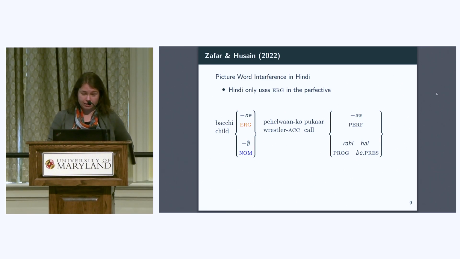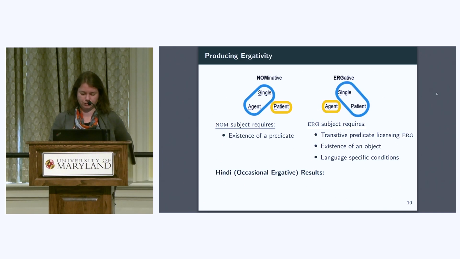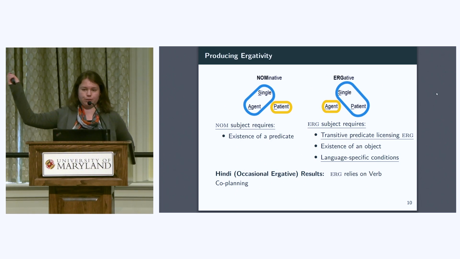So what do they find? Well, they get semantic interference for verbs with ergative sentences. Which means that that ergative NP is being co-planned with the verb, and we have verb co-planning going on in an ergative language. Okay, so basically Hindi is following our 1 and 3 commitments.